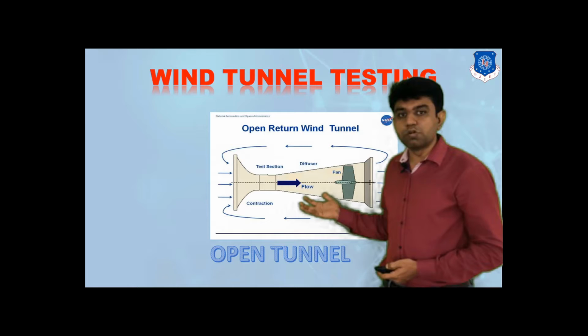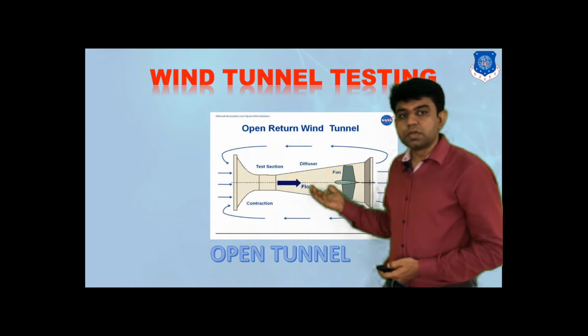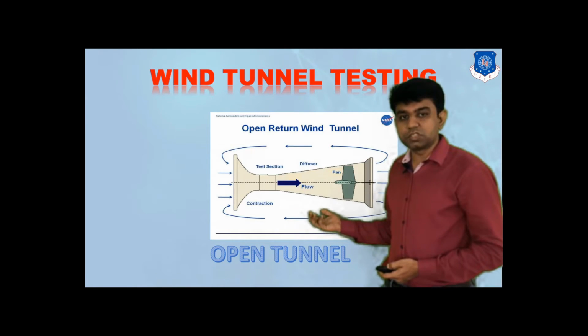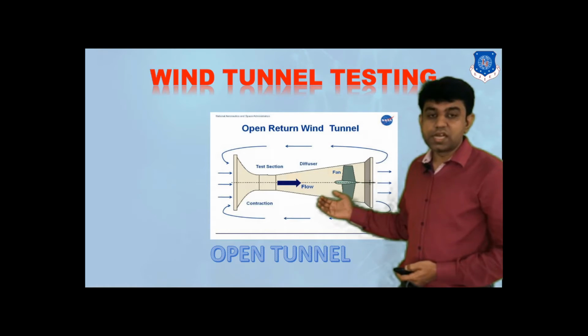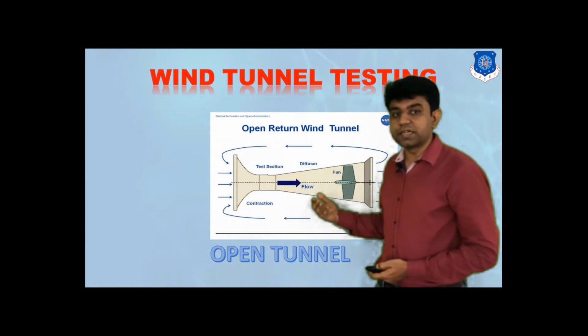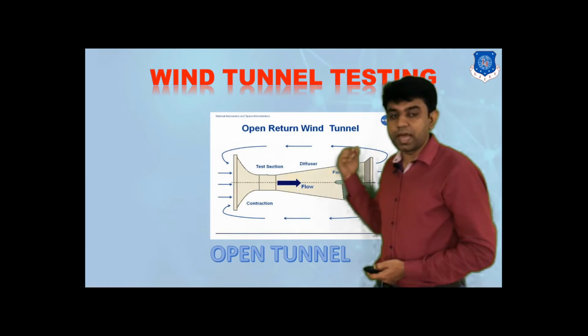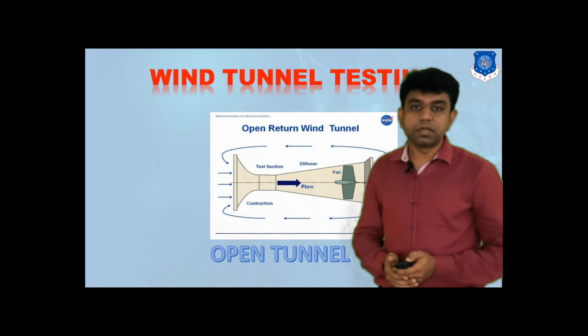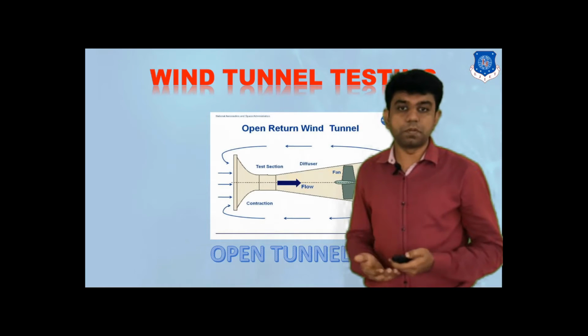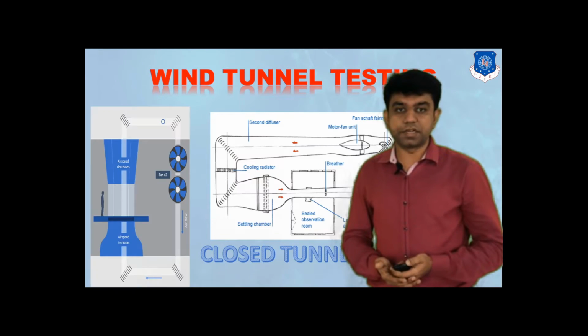It is called an open wind tunnel system because whatever air we are taking inside the test section is fresh air. Every time we are taking air from the open air condition. So that's why it is categorized as the open air or open return type of wind tunnel.